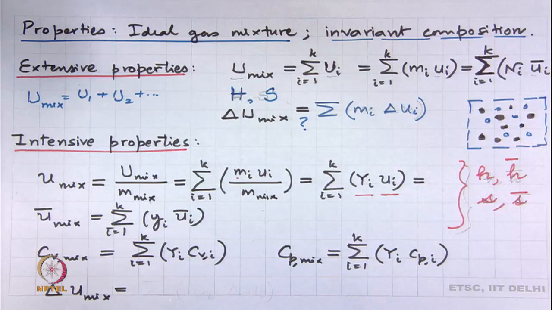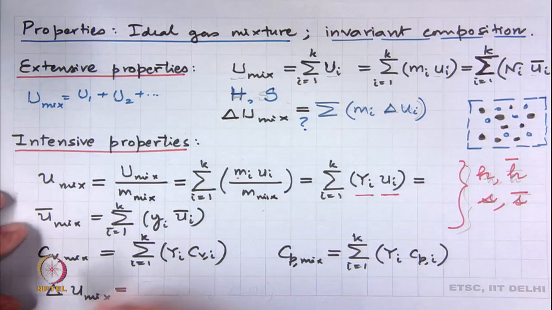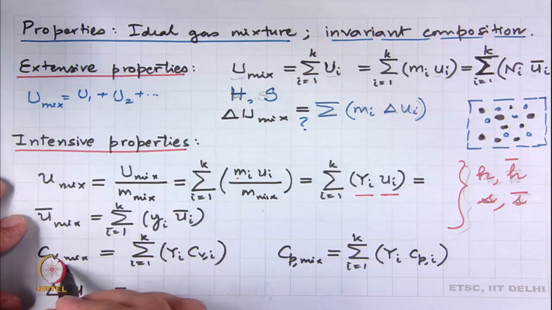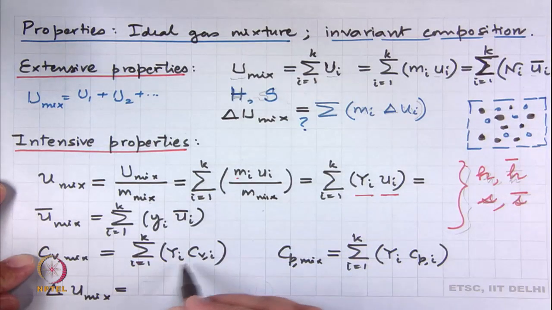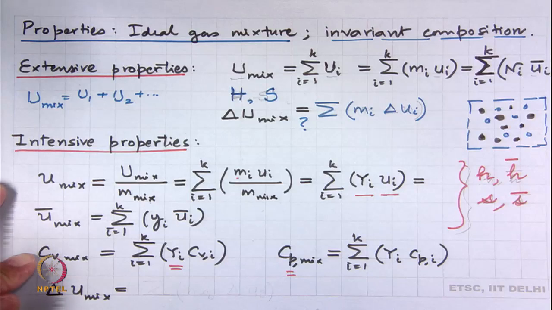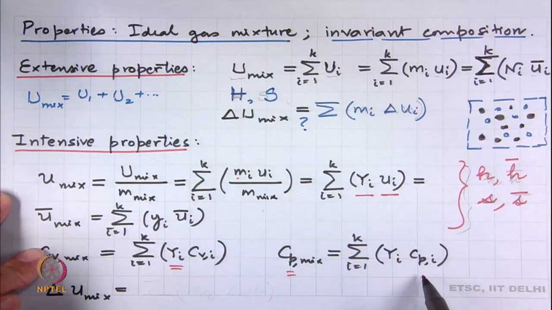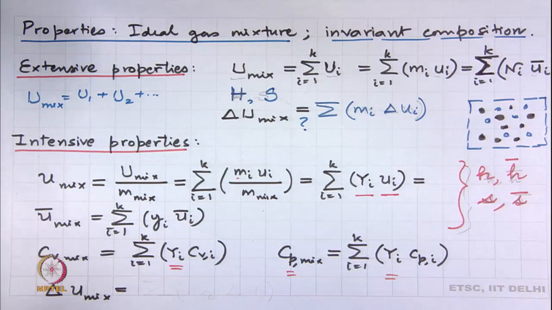We can now extend this also to get the specific heats the same way that we did earlier. So Cv of the mixture will come out to be the summation of Yi Cvi, Y is the mass fraction, and the same thing with constant pressure specific heat: we do a weighted sum of the product of the ith component specific heat and its mass fraction.